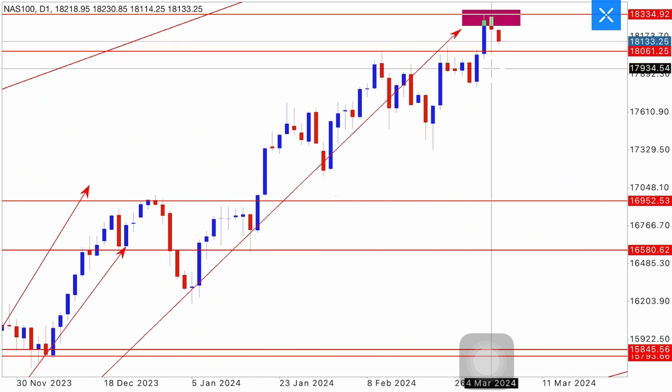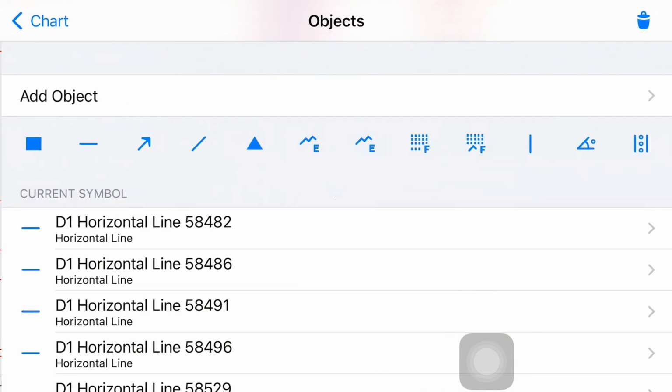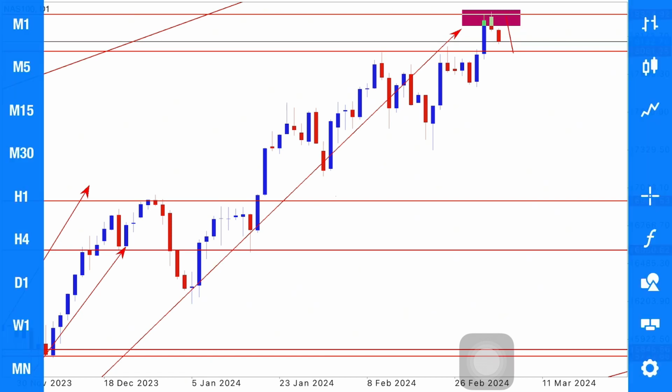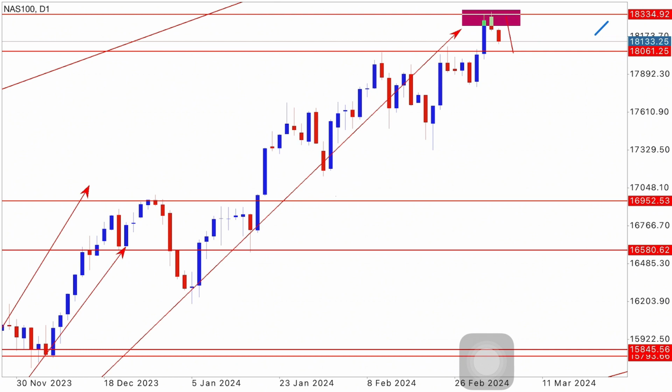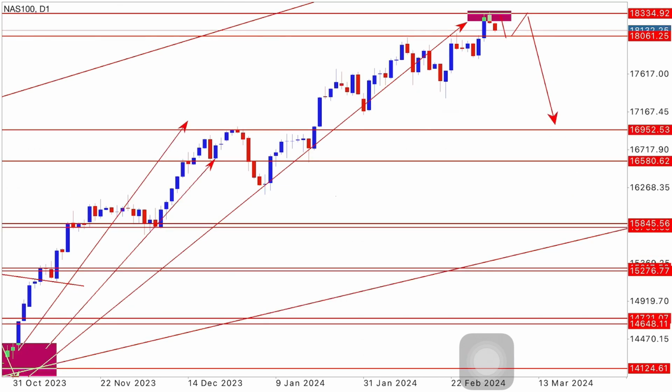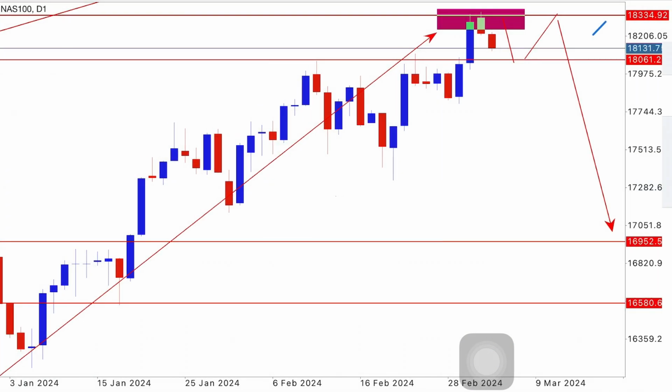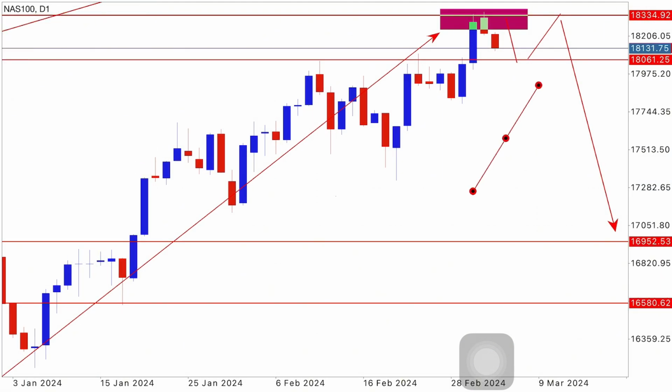However, I'm expecting NAS 100 to range like this in a bit of a double top type formation before continuing to the downside. But we can also have a different move whereby the market will range in this type of formation and then continue to the upside.